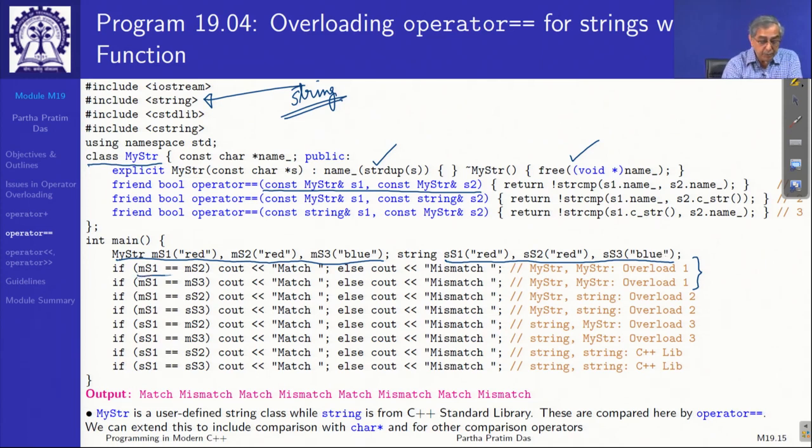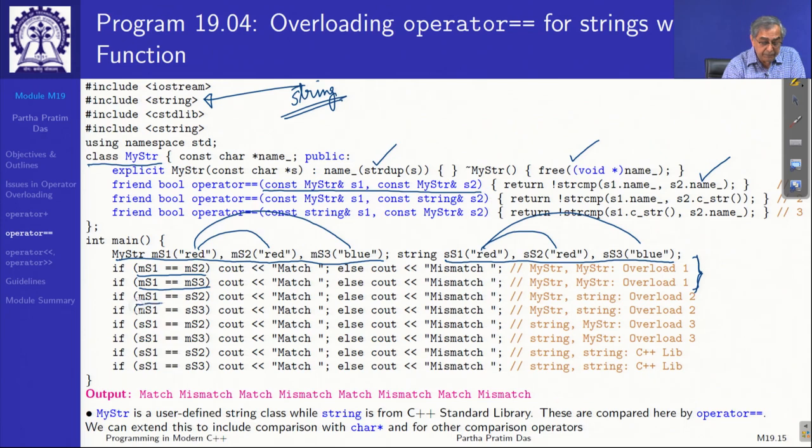So, I compare MS1 with MS2, MS1 with MS3. One I have kept equal, another I have kept separate, just to show that comparison outcome being true and outcome being false both work. So, this will work with the first overload, because both are MyStr.